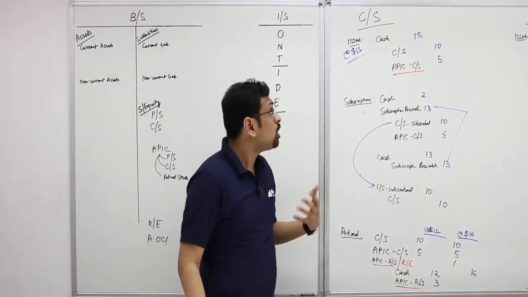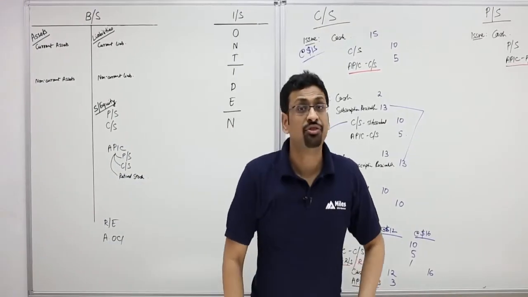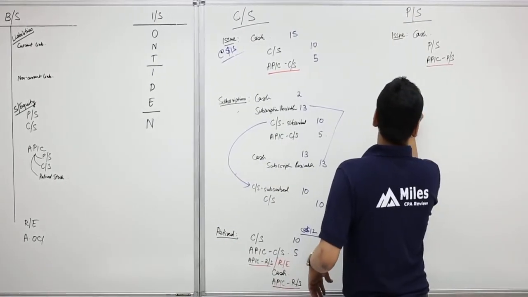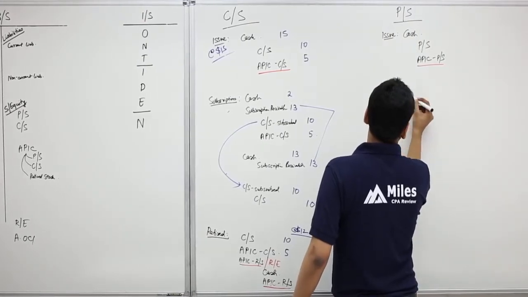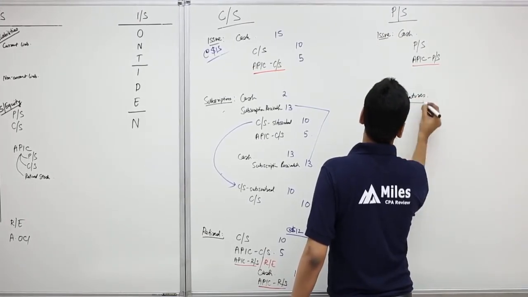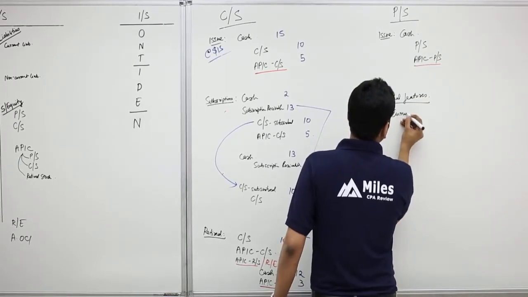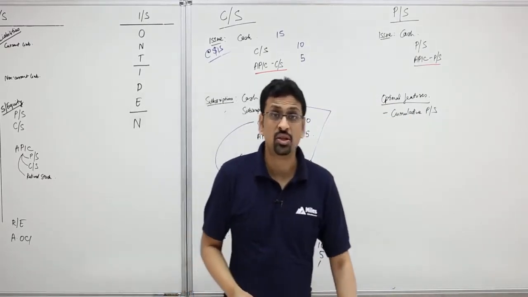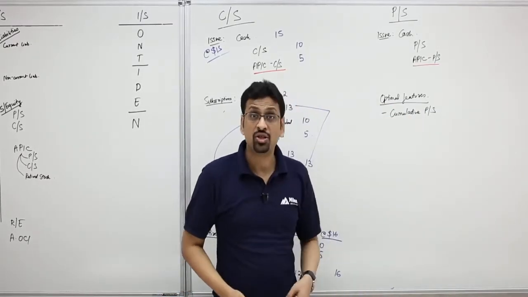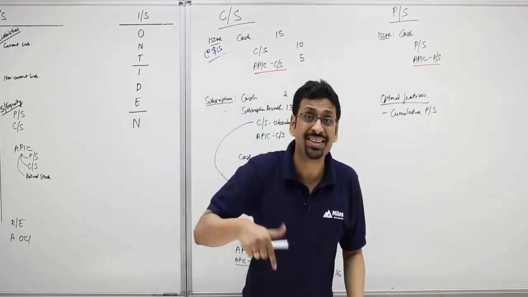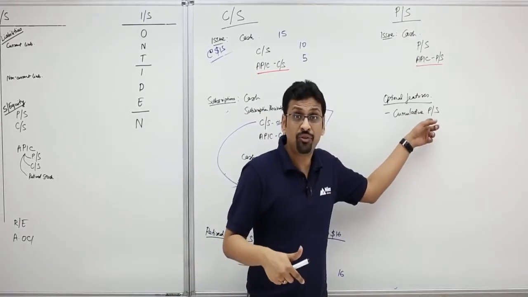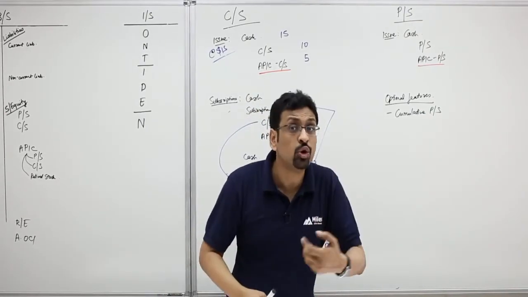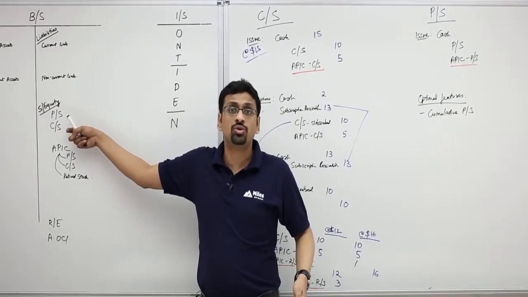Now, preferred stock could also have certain optional additional features, and let's talk about that. Now, you could have cumulative preferred stock. What that means is if you don't pay dividends to your preferred stockholders this year, if it's a cumulative preferred stock, you need to pay them dividends for 2 years next year before you pay anything to the common stockholders.